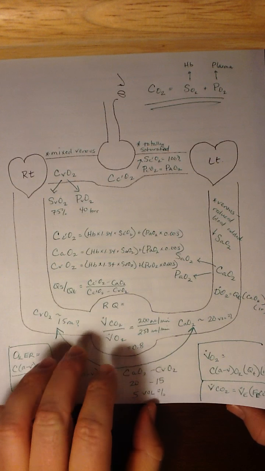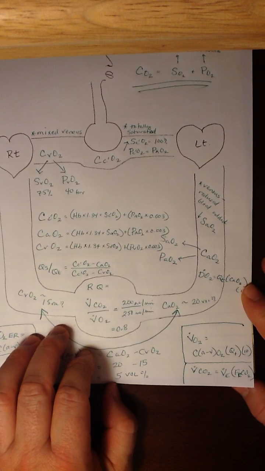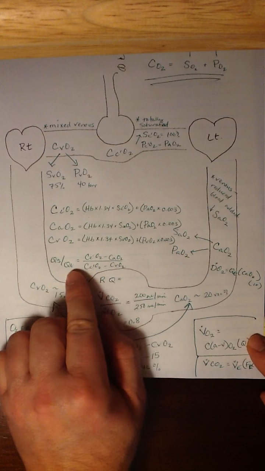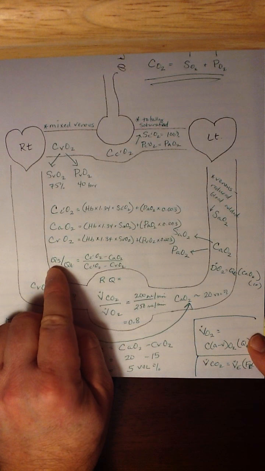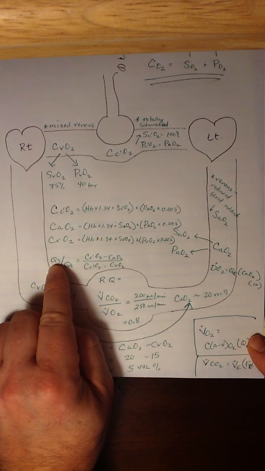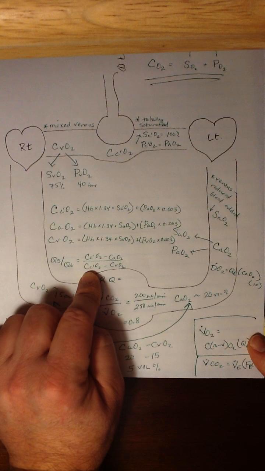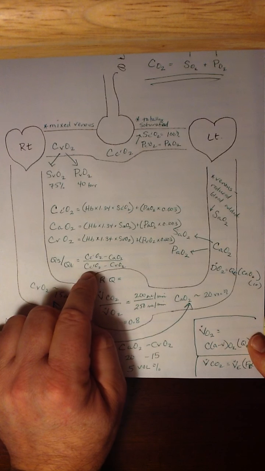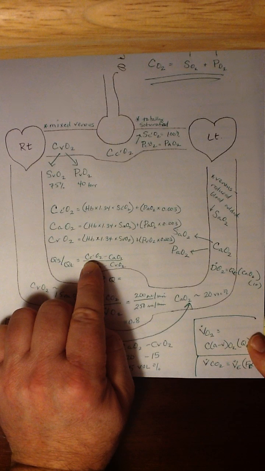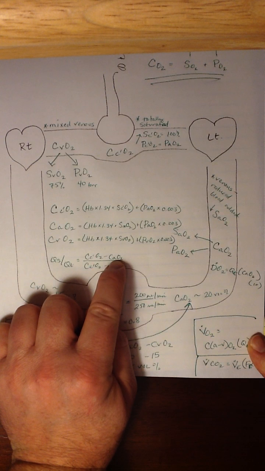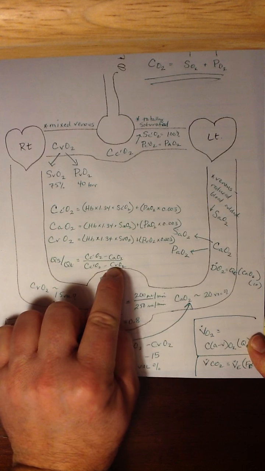Some ways that we can actually use this information is really cool. Here, as a quick example, I've got Qs over Qt. Qs over Qt means shunted cardiac output. So this is actually one of the shunt equations we can use. It's pretty simple because it only has three variables: CcO2, CaO2, and CvO2.